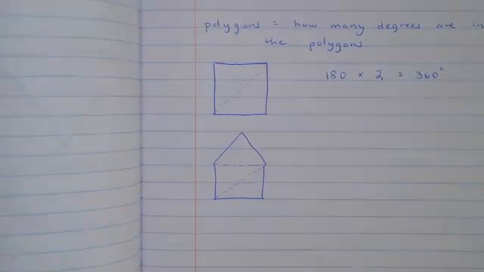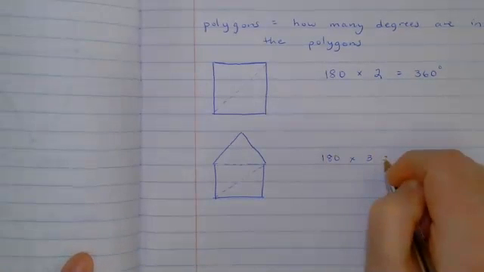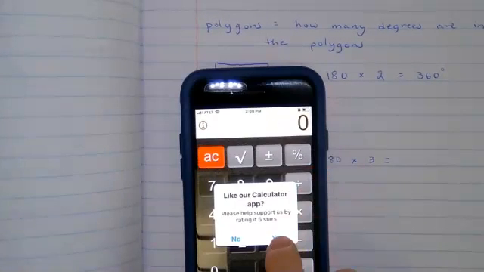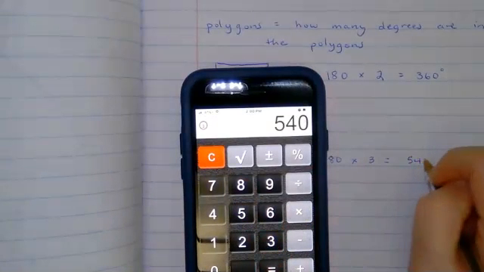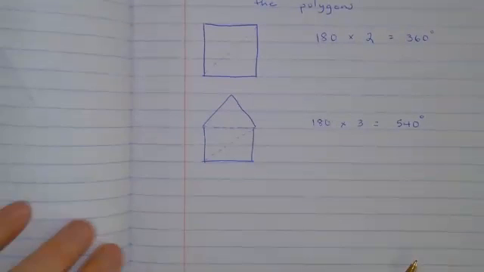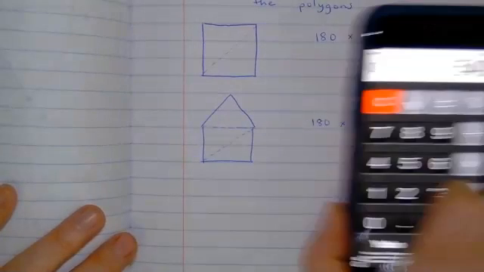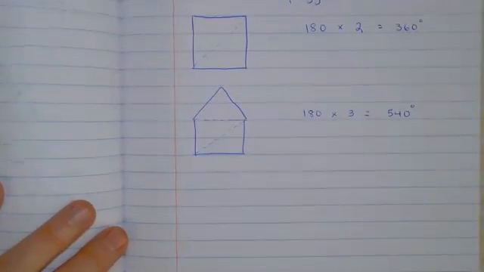How many triangles do I get there? 180 times 3. 540. Right, it's not 720. Oh, you're looking for a pattern?